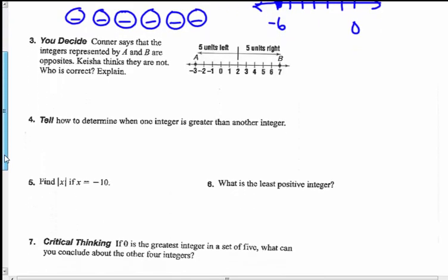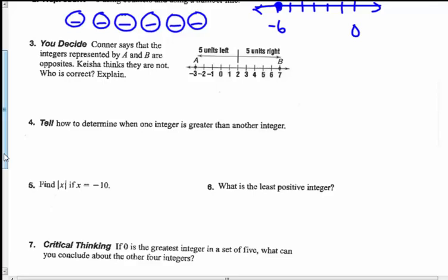You decide. Connor says that the integers represented by A and B are opposites. Keisha thinks they are not. Who is correct? Opposites are equally distant from 0 on the number line. No, that's not right. Keisha is correct. They are not opposites. 7's opposite is negative 7.